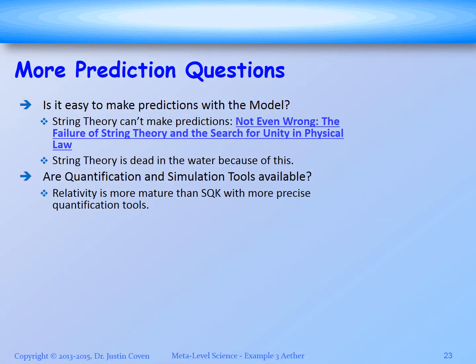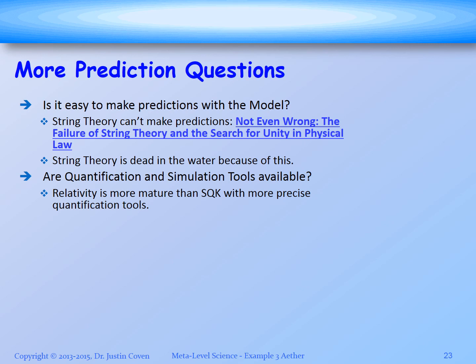More prediction questions. Is it easy to make predictions with the model? String theory can't make predictions, and you can look at the book Not Even Wrong for more information about this. String theory is dead in the water because of this. Are quantification and simulation tools available?